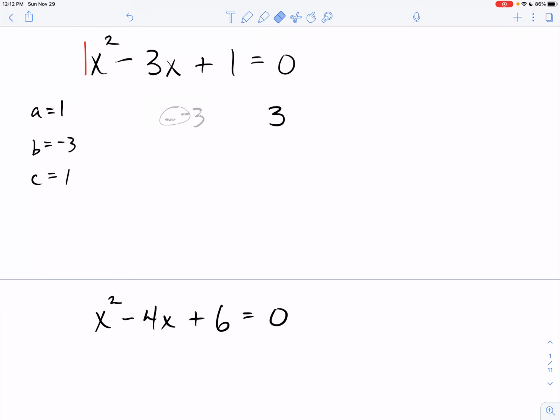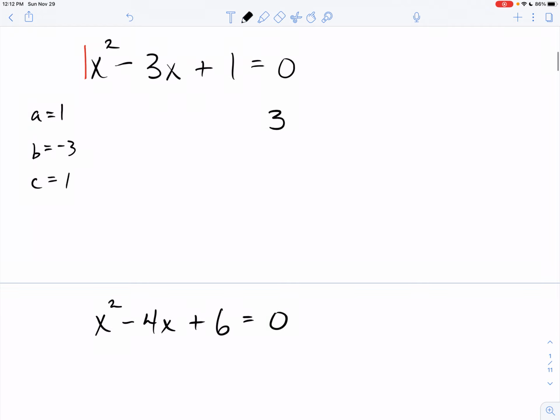So let's get rid of that. -b plus or minus the square root of b squared. Now, take caution here. If you use a calculator right there, it's going to tell you the answer is -9, and we know it's not. It's wrong. So when you do b squared, be careful with your calculator, because -3 times itself is +9.